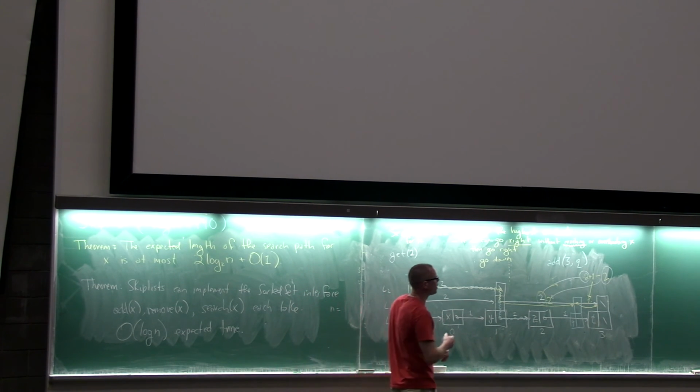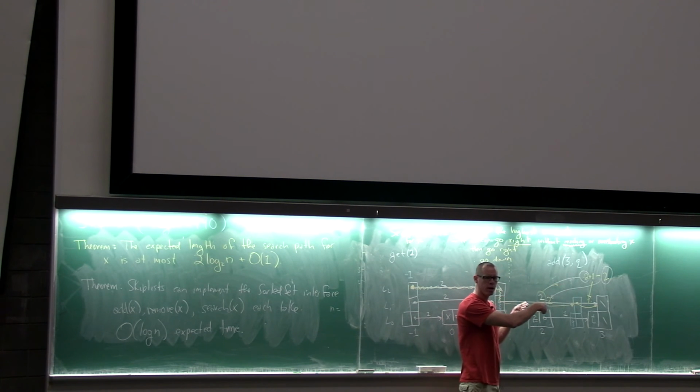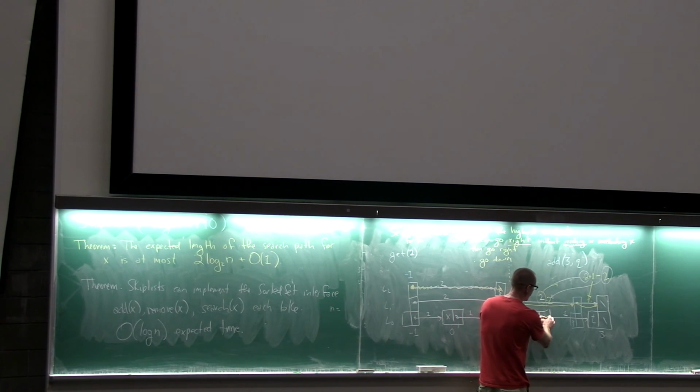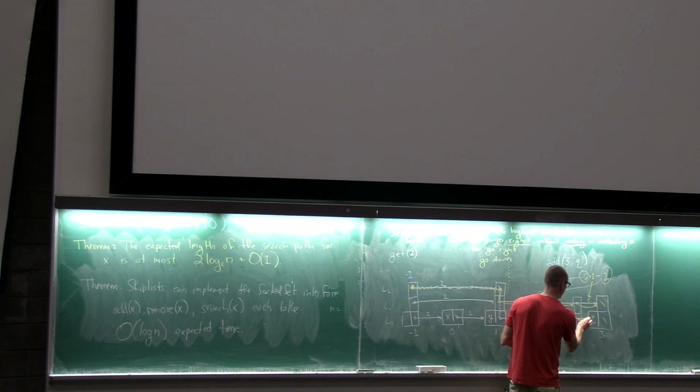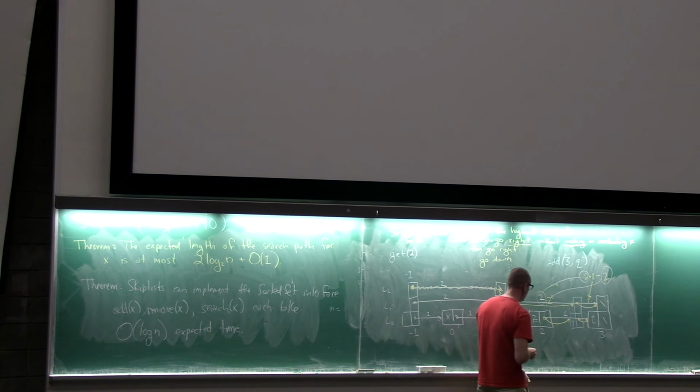And so now not only do we insert it properly, but we correctly updated the length of the edges, and now we continue following the search path. So that goes down, that goes right. Here it's about to go down, but of course we update these 2 pointers.